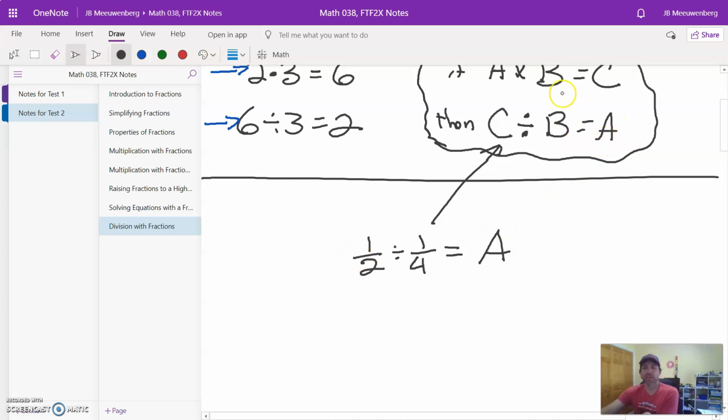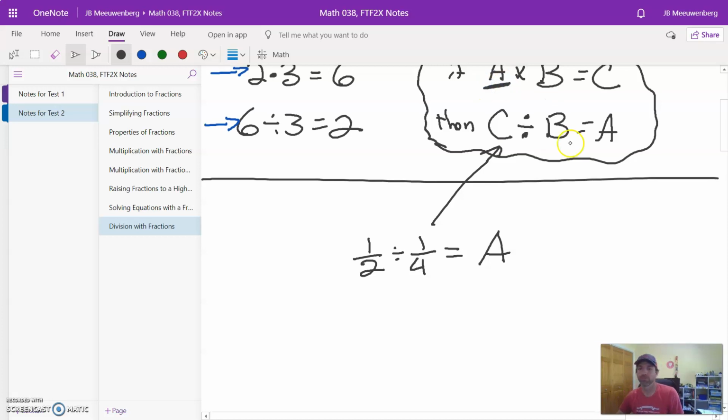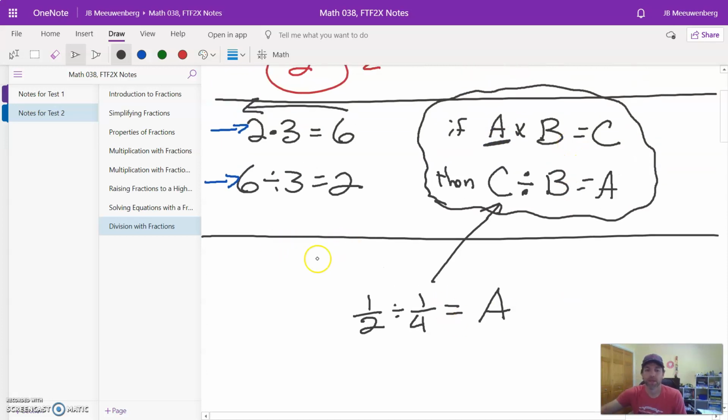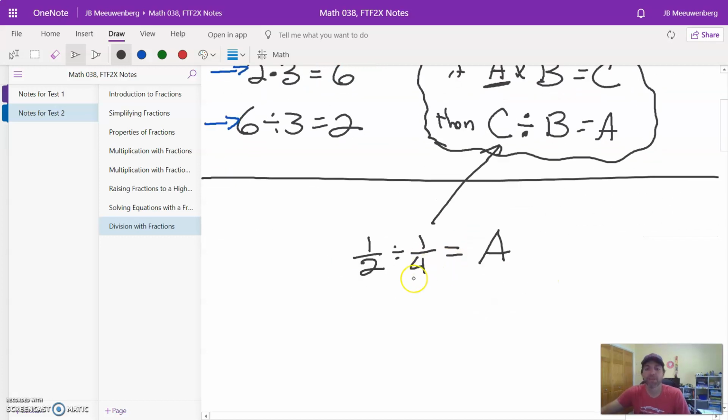So if this is true, then there had to have been some number A up here. I'll write it right below it. There had to have been some number A up here that if I multiplied it by B, which in our problem is 1/4, the answer I got would have been C, which in this problem is the 1/2, right?